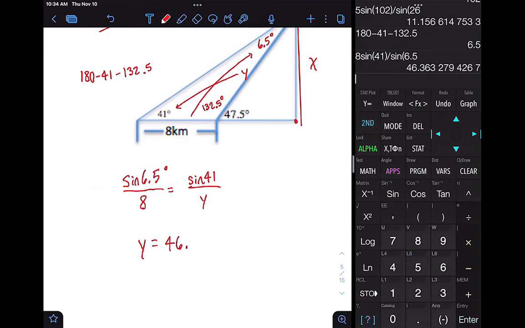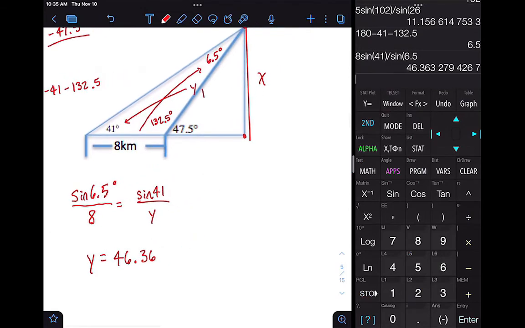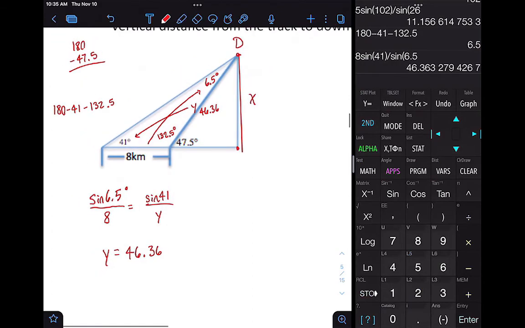46 point, they want us to round to the nearest kilometer. I'm going to go 2 decimals just for now, and then we'll round it off. So 46.36. That's your y distance. That's not degrees there.